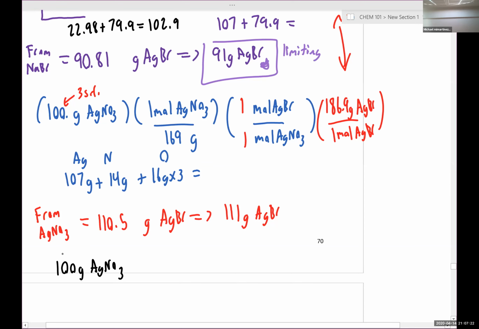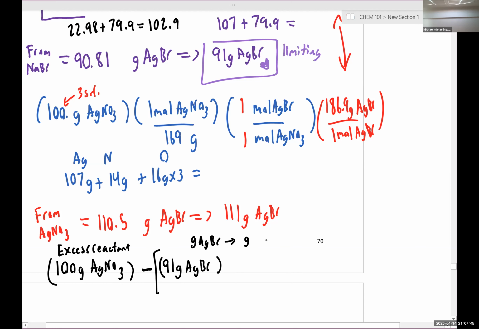And to calculate our excess reactant remaining, we take our 100 grams of silver nitrate, we subtract our 91 grams of silver bromide, and all we have to do is convert the grams of product, silver bromide, to the grams of silver nitrate. And we know how to do that.